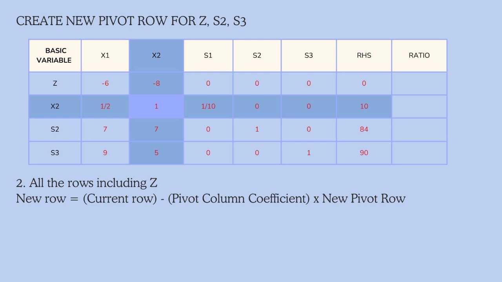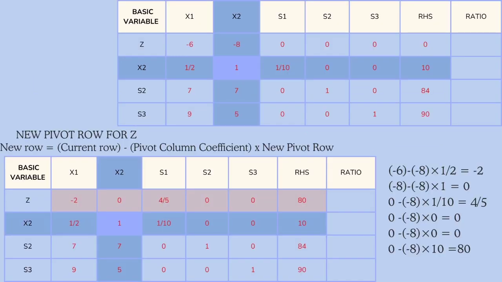Gets ba? So, now, let's solve for Z. Ulitin ko lang, new row is equals to current row minus pivot column coefficient times new pivot row. So, first, negative 6 minus negative 8 times 1 half is equals to negative 2. Pangalawa, negative 8 minus negative 8 times 1 is equals to 0.